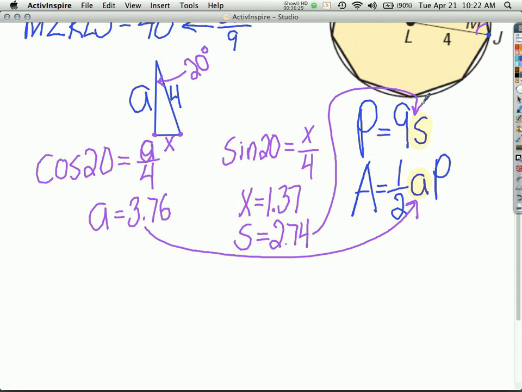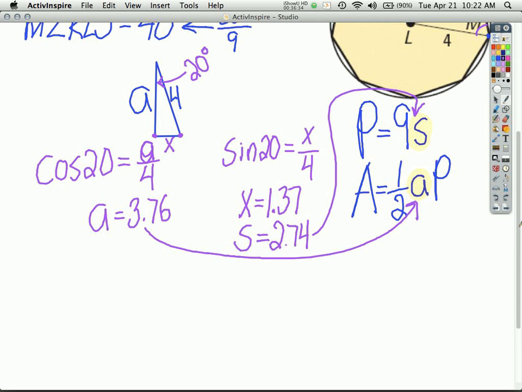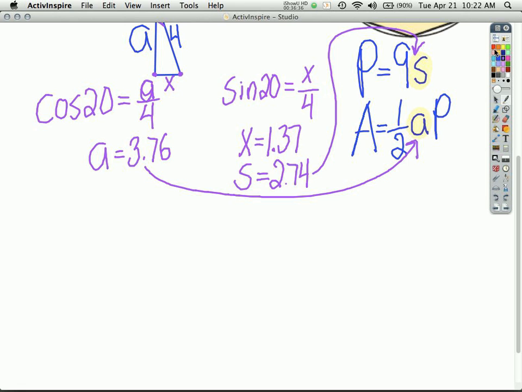So now we can put it all together. Go ahead, find the perimeter and the area. You can do it all yourself. Now it's just plug and chug. Plug it in and chug it out.